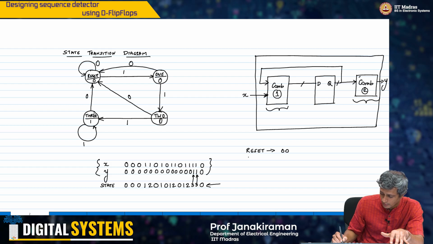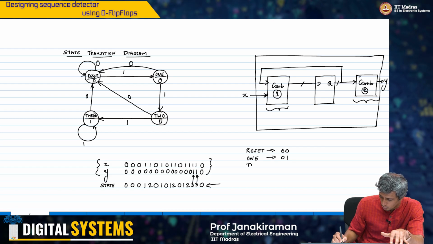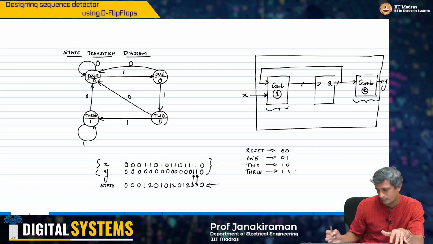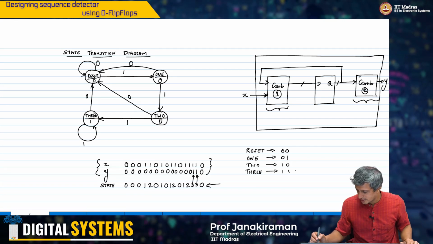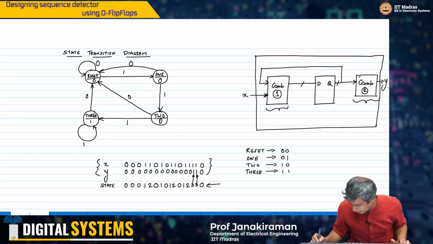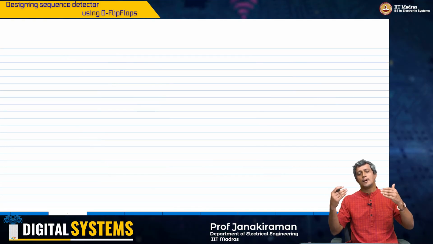State 1 is 0, 1. State 2 is 1, 0. State 3 is 1, 1, okay.